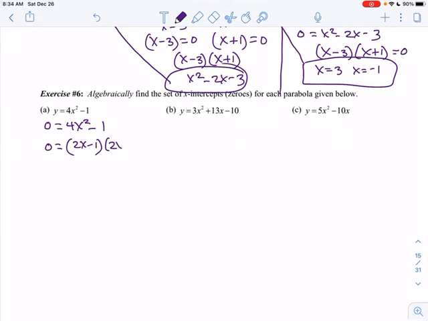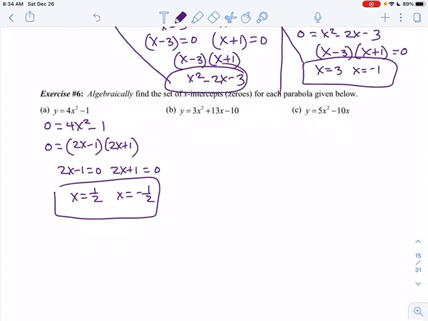So it's 2x minus 1 and 2x plus 1. That was an easy one. And then I just set each factor equal to 0 and solve. Right, so I don't need to do it graphically. I can just do it algebraically. And those are my two solutions.